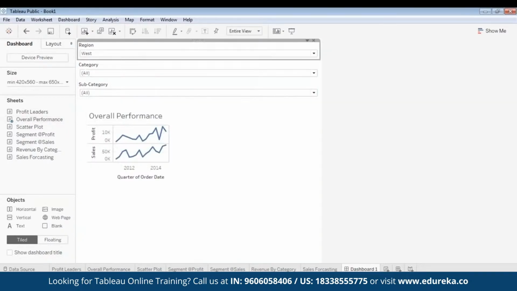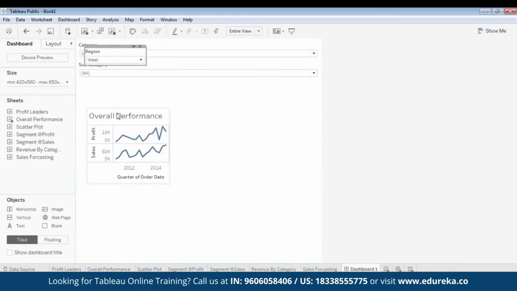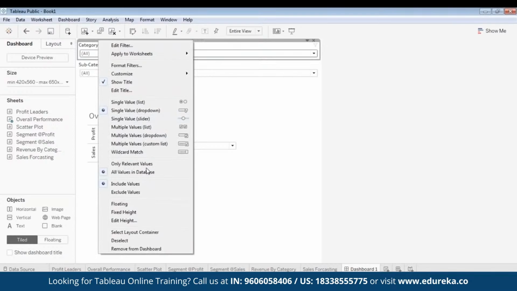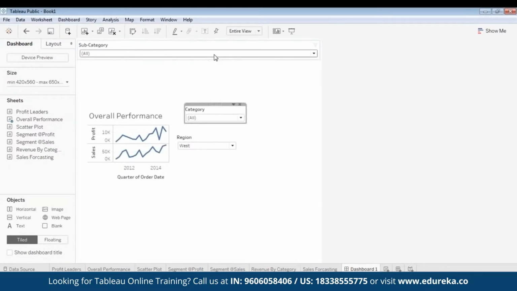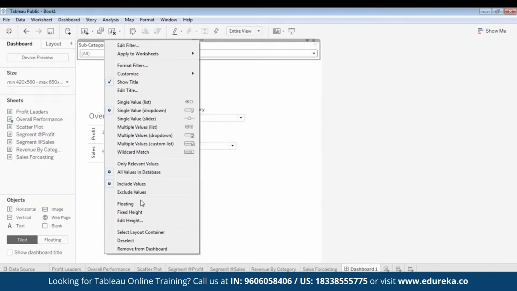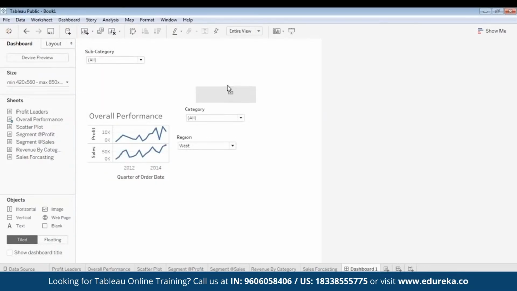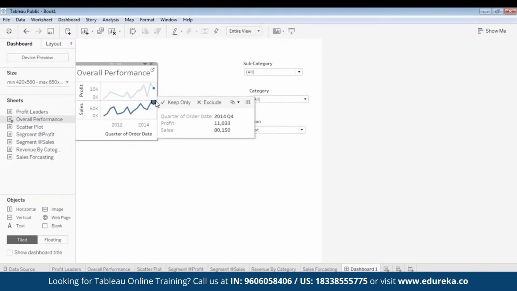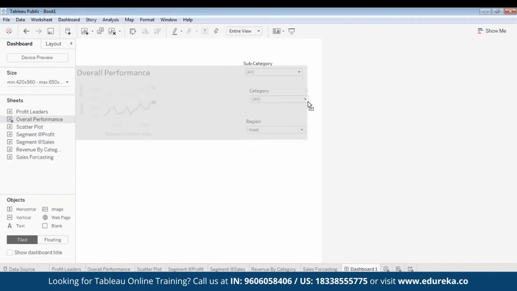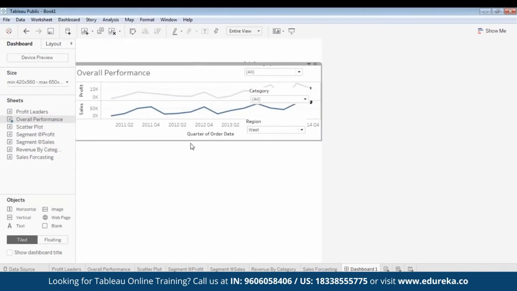I will just drag it here. I will select everything as floating so that I can place everything wherever I want. Floating. All right. And I will start placing my sheets wherever I want. Let me just drag this one.